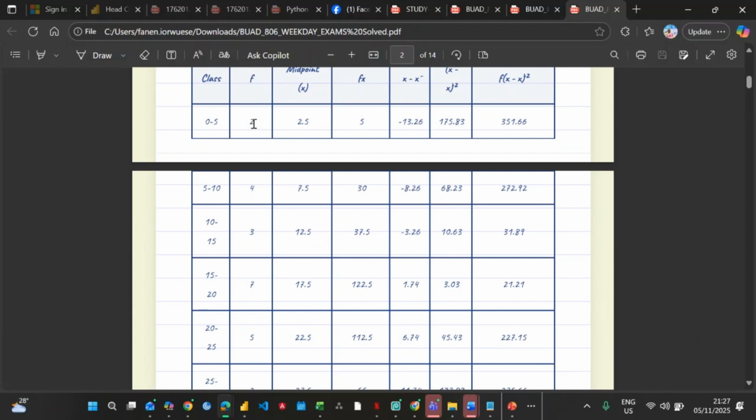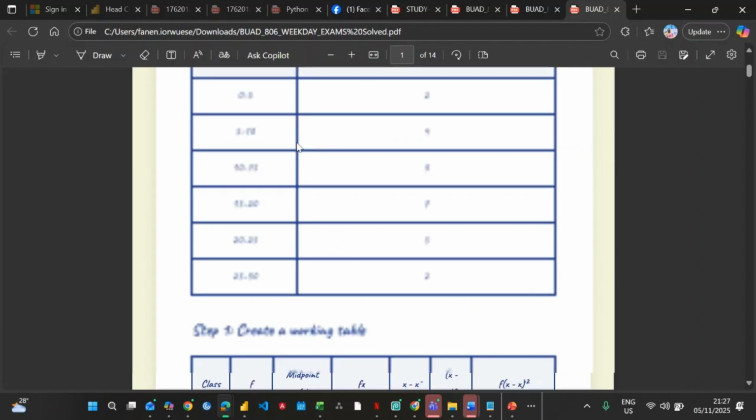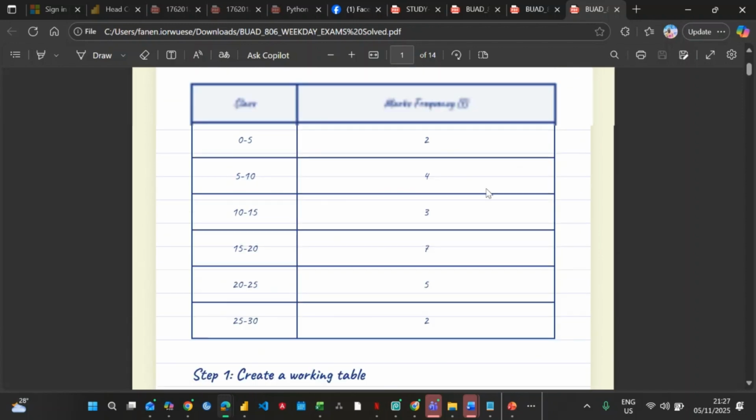If you look at the cumulative frequency, what it means is we have 2 here, right? Then the next thing we are going to do is to do a cumulative frequency on this data. Let's say we have a column here for cumulative frequency. So this is going to be 2, 2 plus 4, 6, 4 plus 3.